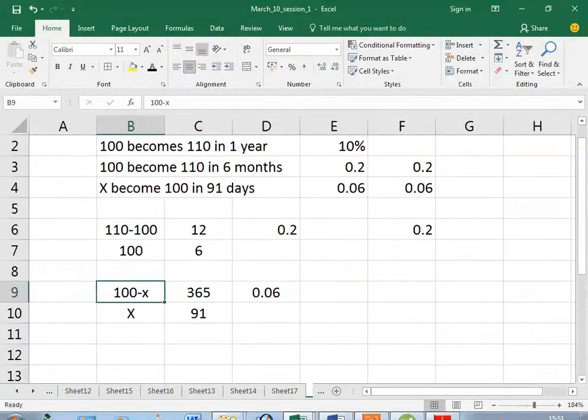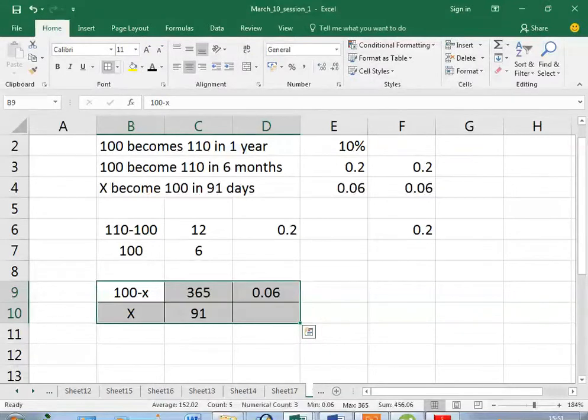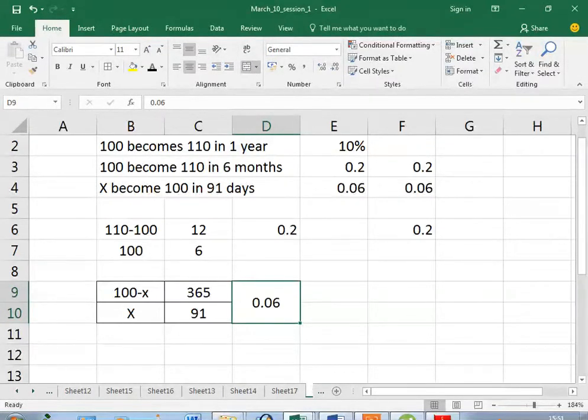You told me the formula for 100 becoming 110, same logic is what you are going to use here. It can't be more than 100. 98.5, whatever number you get.